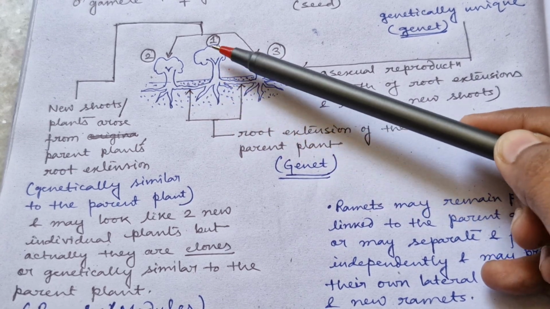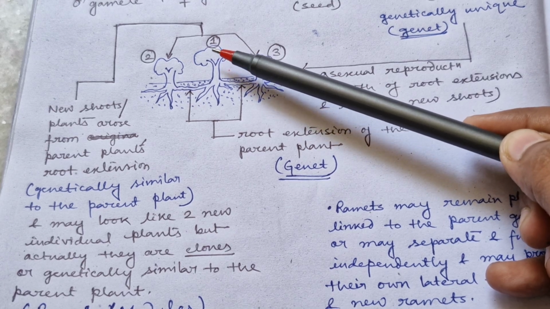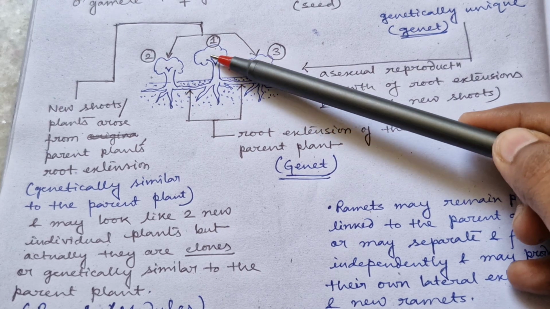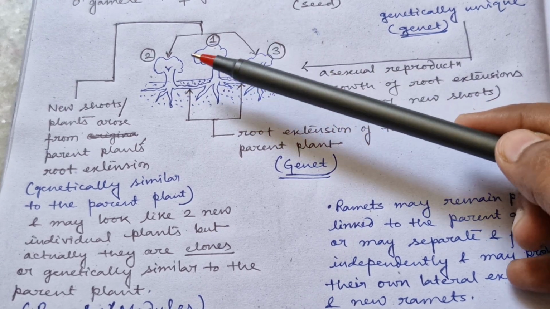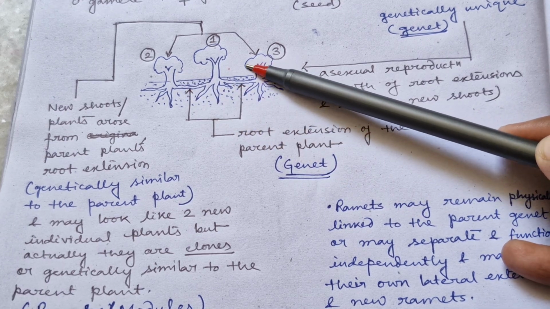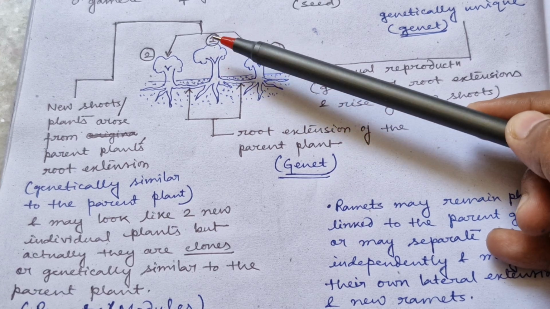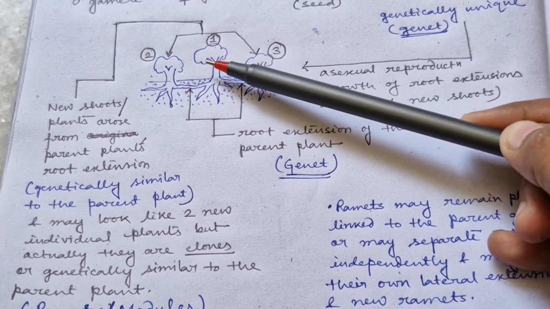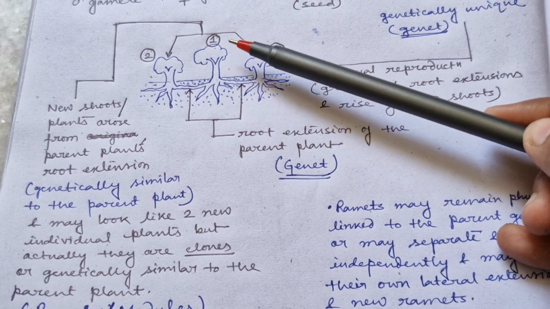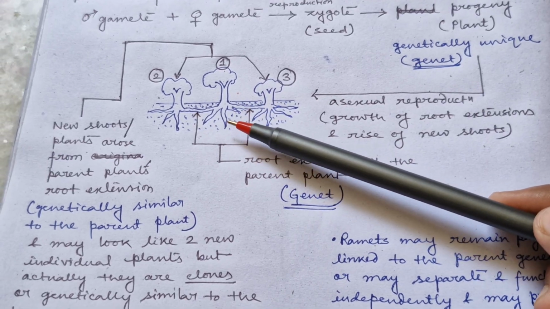That is how, even after death, the genet can survive on earth through its ramets, because it may die, but its genes are carried by these two ramets. That is how it can extend its life beyond its death. That is how plants may die, but their genes may remain on earth after their death. So this is the significance of modular population.